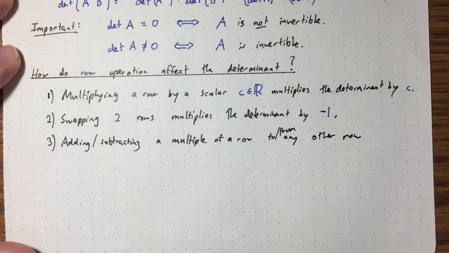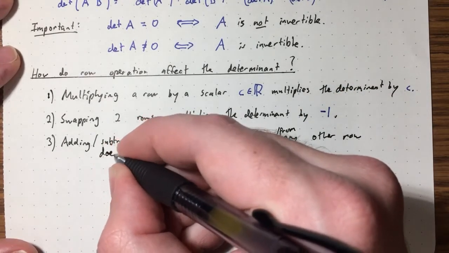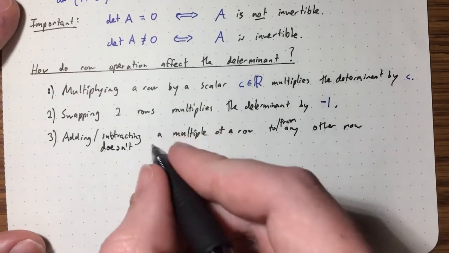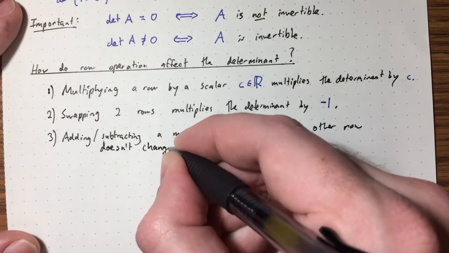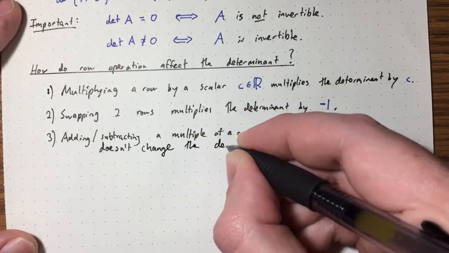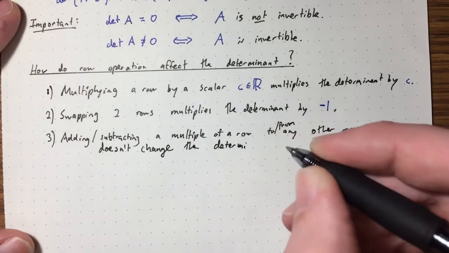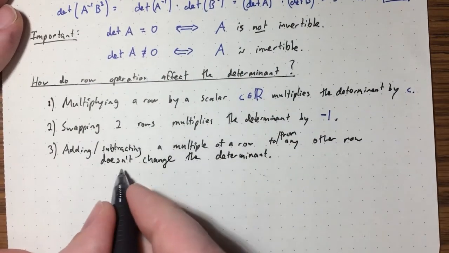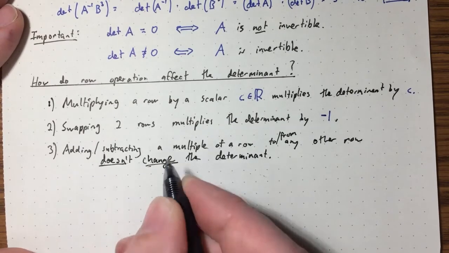What does that do? It turns out that does not change the determinant. That's surprising, because this seems like the more complicated of the three. That doesn't change the determinant. You can try to think about why that's true, using what we've talked about so far. It doesn't change the determinant.